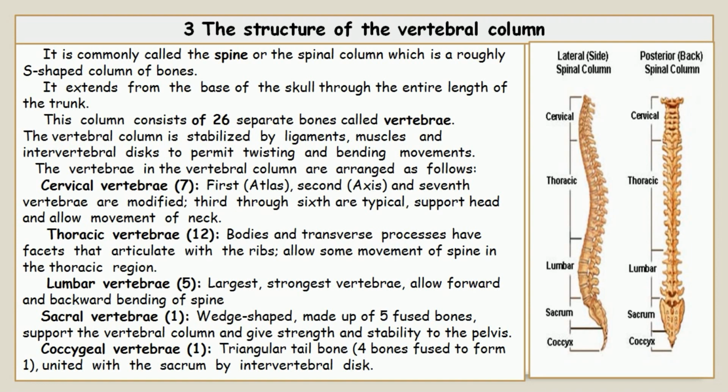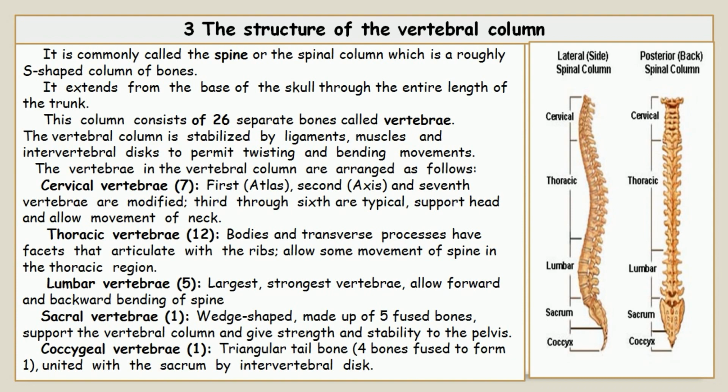Thoracic vertebrae, 12: bodies and transverse processes have facets that articulate with the ribs, allowing some movement of the spine in the thoracic region. Lumbar vertebrae, 5: the largest, strongest vertebrae, allowing forward and backward bending of the spine.